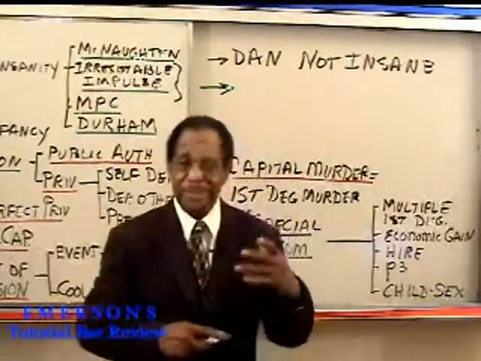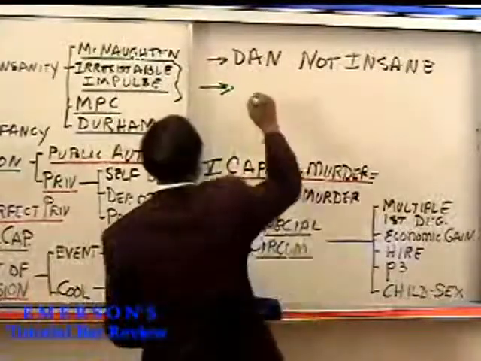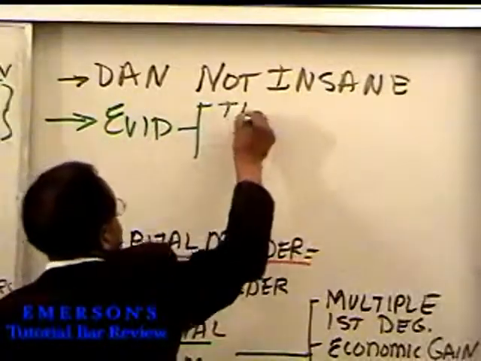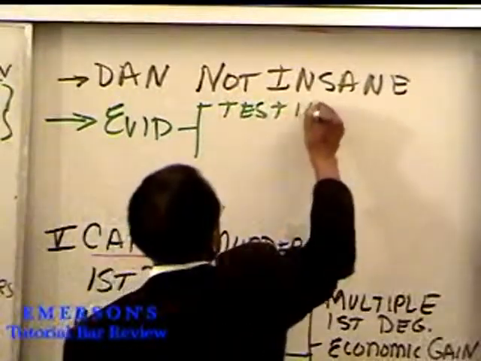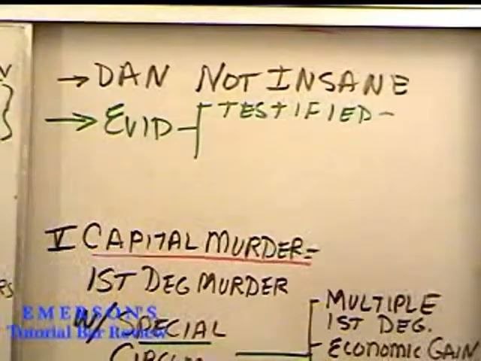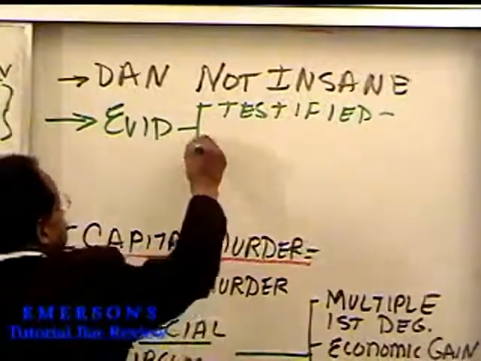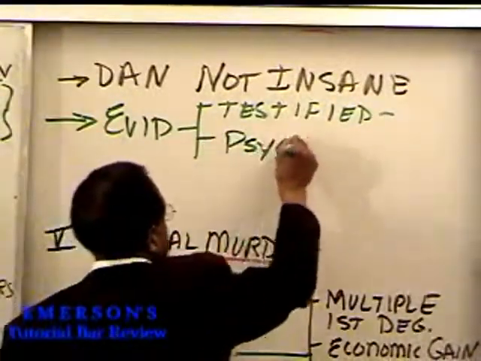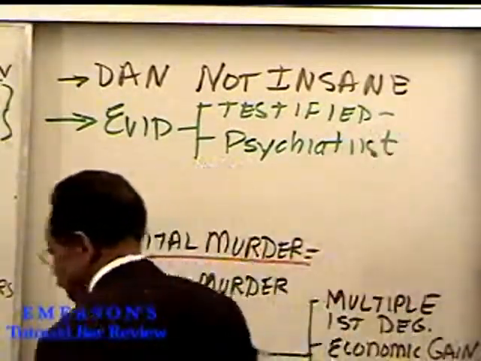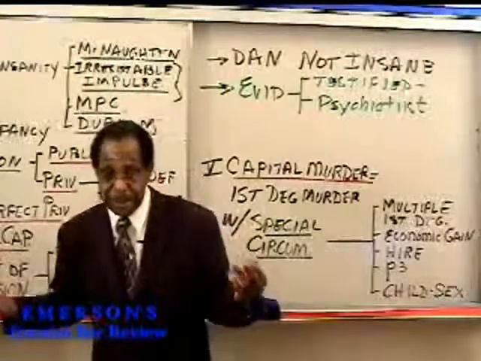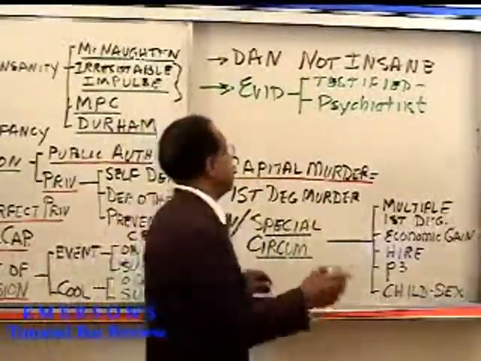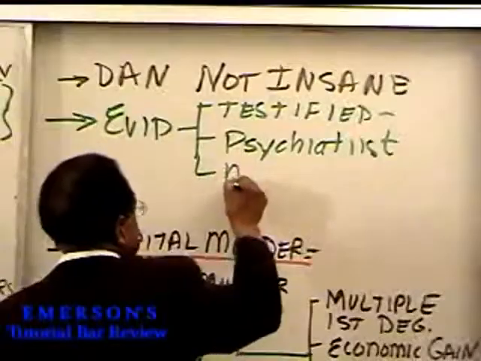Well, first of all, he testified, and said, I could not control my conduct. So that's part of it. Secondly, you had a psychiatrist. Now, we don't know exactly what the psychiatrist said, but the psychiatrist at least said the person had erratic behavior and been in and out of mental institutions all of his life.